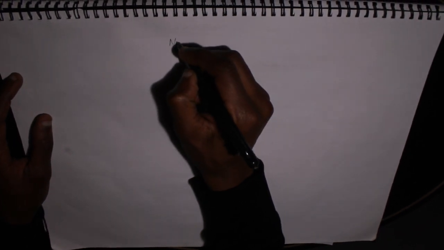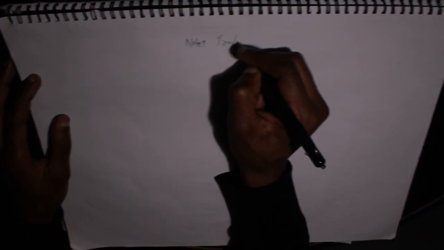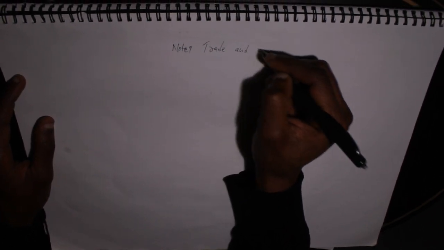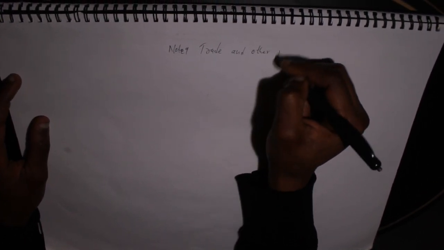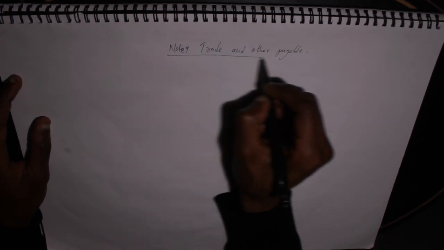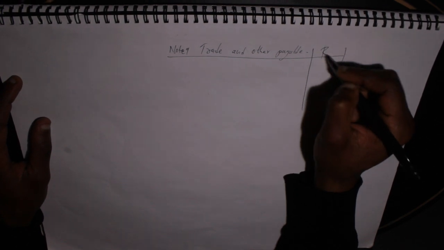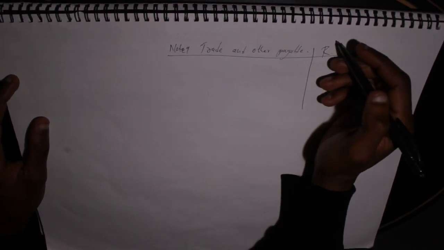Note number 9, it's very easy to complete. We call it note number 9. This is trade and other payables. So under trade and other payables, I'm going to just make a column there for the amount. These are payables.